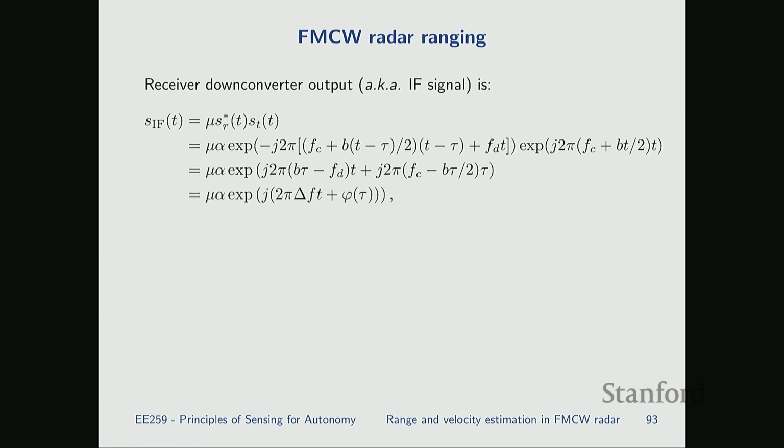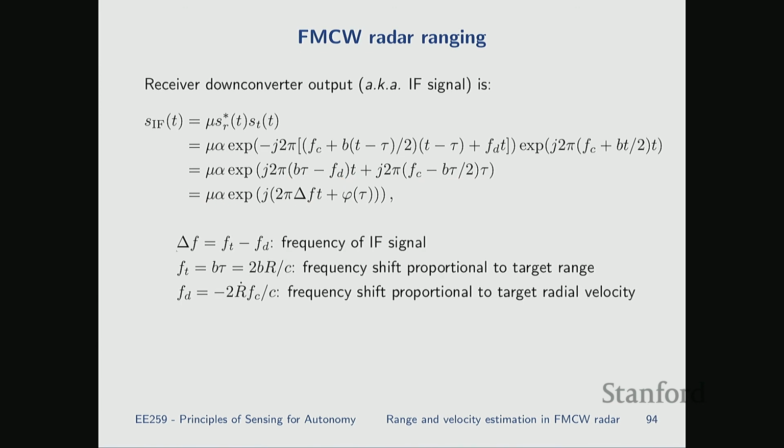What you get here is that the time dependence inside the exponent is 2 pi times b tau minus the Doppler shift, times t. And then you get this second term, which is a phase term. So we can write it as mu times alpha e to the j 2 pi (delta f t plus phi of tau), where phi is our phase term. What is delta f? What is phi?